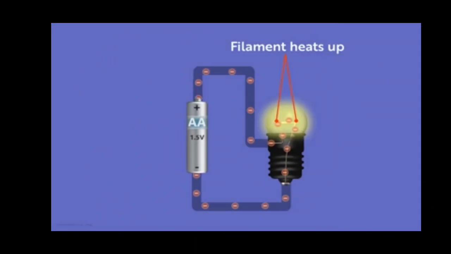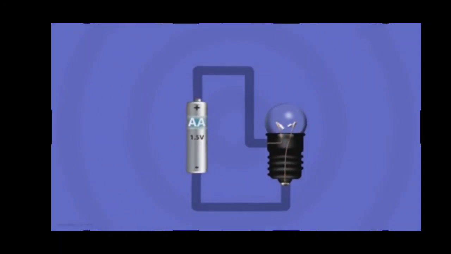The filament will break, and as the filament breaks, the circuit becomes incomplete and the bulb will not glow. Due to the excess heat produced in the bulb, the filament breaks and the circuit also breaks. There is no flow of electric current.